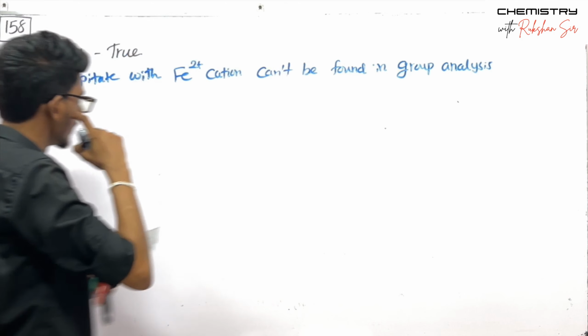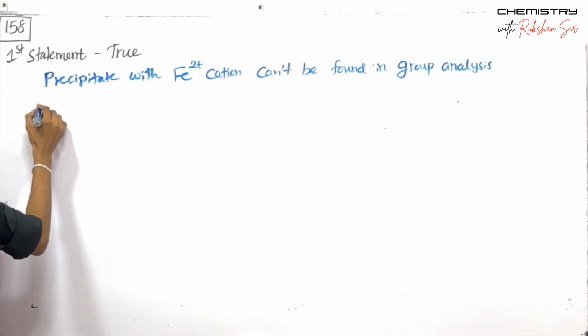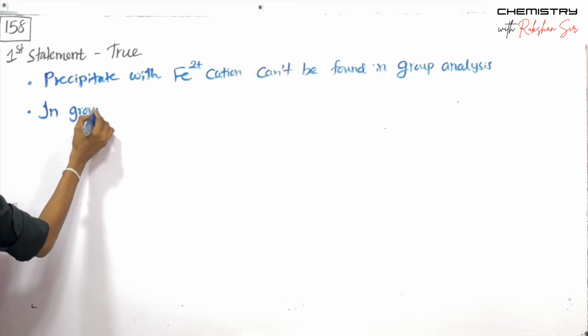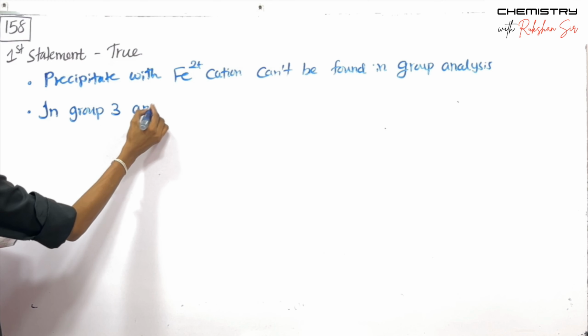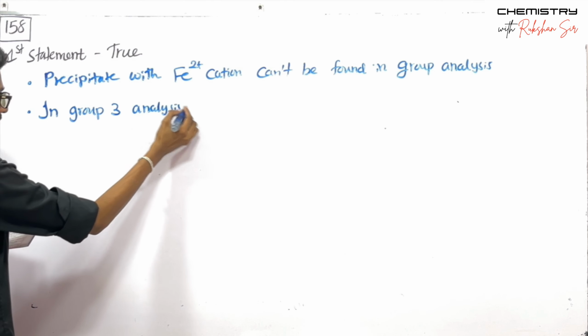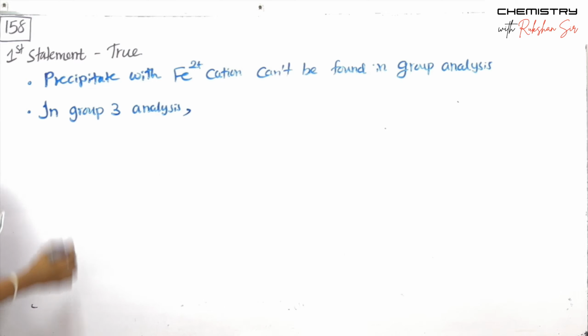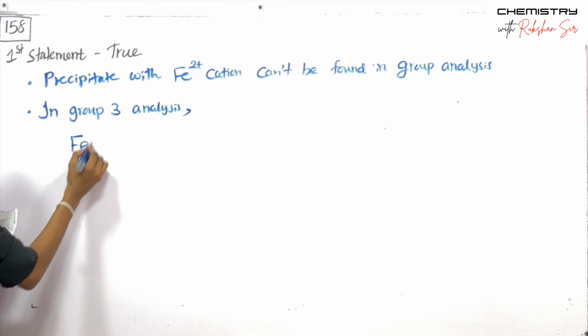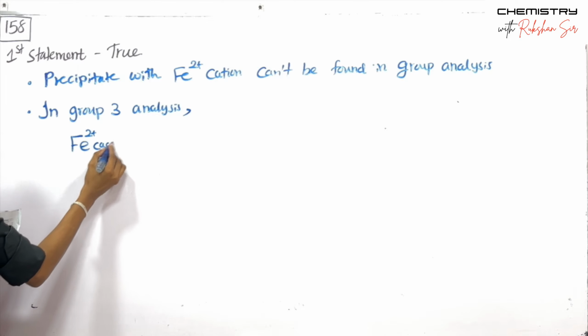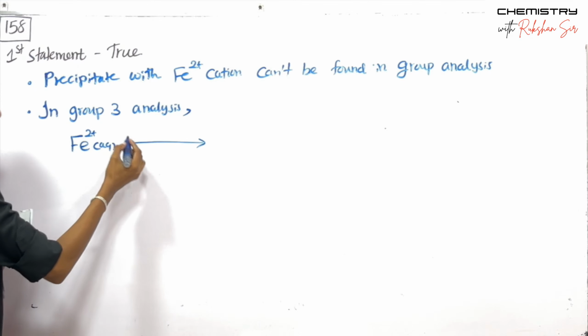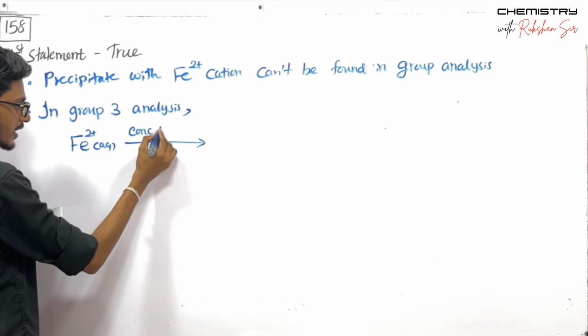In group 3 analysis, what they are doing is the Fe2 plus cations are converted to Fe3 plus with the addition of conc. nitric acid and heating.